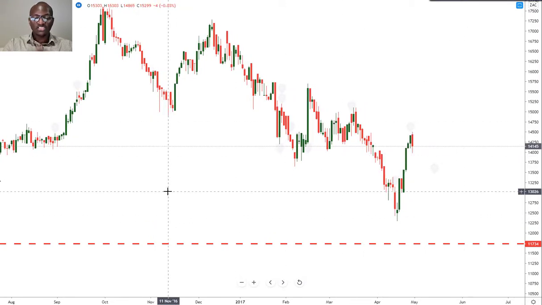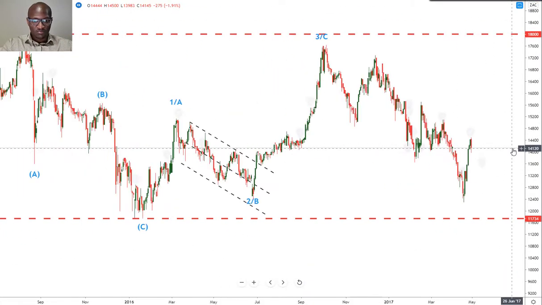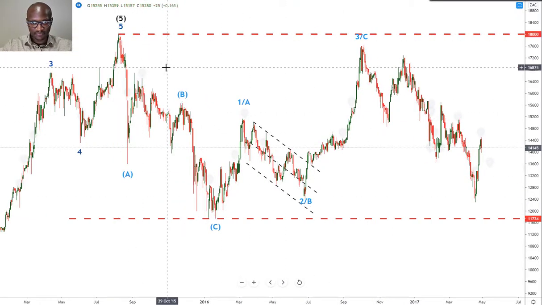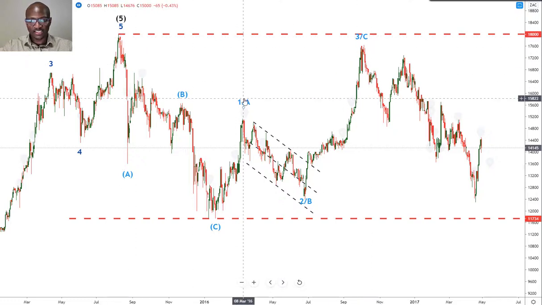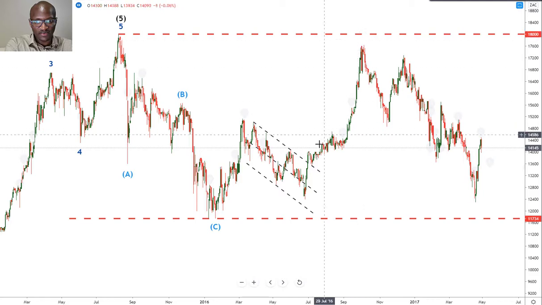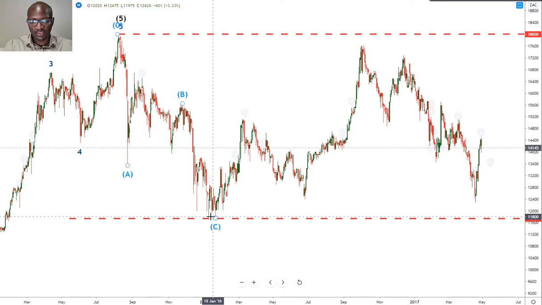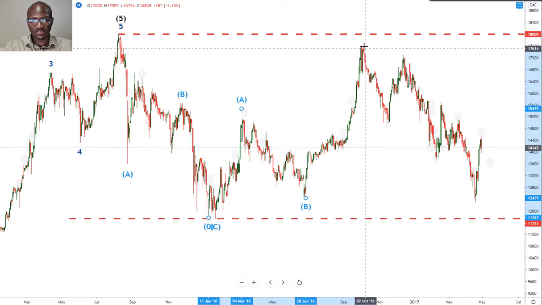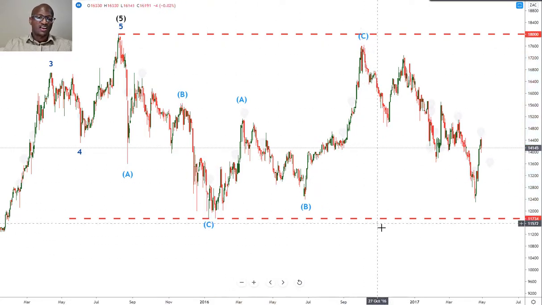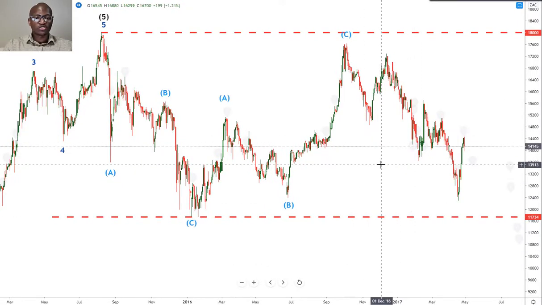Now, at this point, I just want to emphasize a couple of things. We can see with this double top narrative, I can actually remove this now and label this properly as ABC. So we can label this as A, B, C. The double top at this point is not yet confirmed.